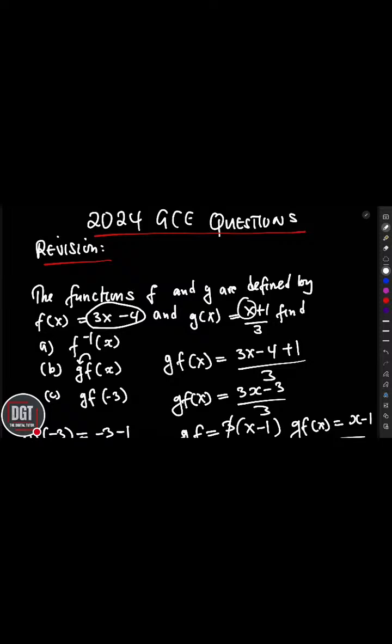And at the end of the day, you end up wasting time and money. So what I'm trying to say is that if we were to write GCE next year, that is General Certificate of Education for those that are doing the Zambian syllabus, you need to make sure that you start now. It is going to save you cost. Okay? And you are certain that you're going to get good grades.